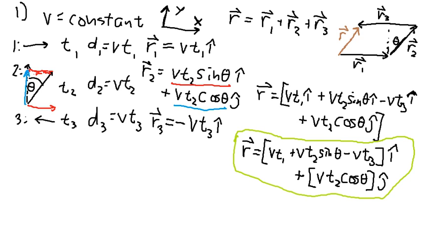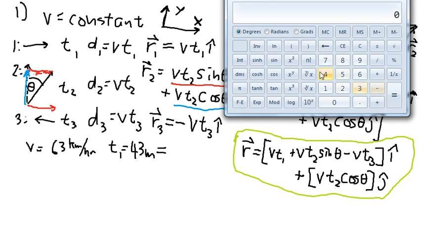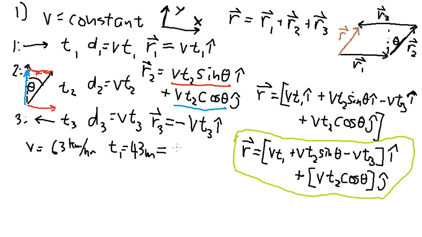So for my values, V equals 63 kilometers per hour, T1 equals 43 minutes, which is, and I'm going to use the fancy little Windows calculator, 43 divided by 60 equals 0.717 hours.